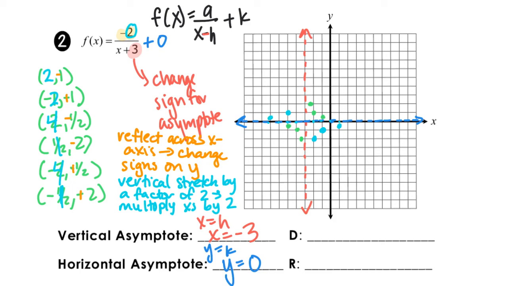And then negative 1, 2. All right, so these cyan points are my new points.